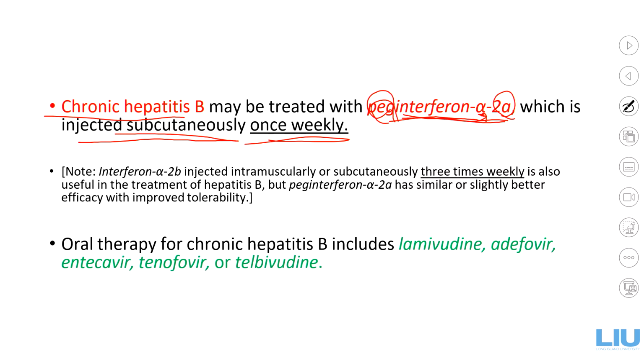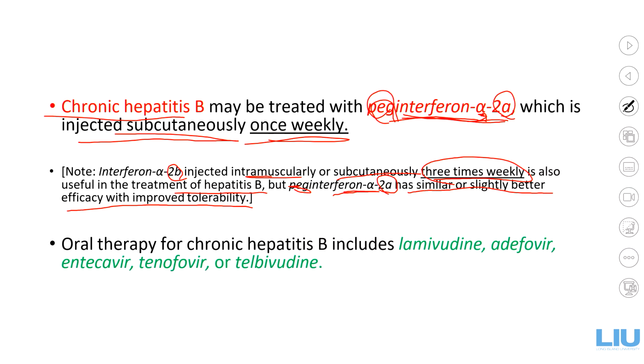There is a note about interferon alpha 2B, which is given intramuscularly or subcutaneously 3 times a week. That's also useful in hepatitis B. However, the pegylated form of the interferon alpha 2A has similar or slightly better efficacy with improved tolerability.